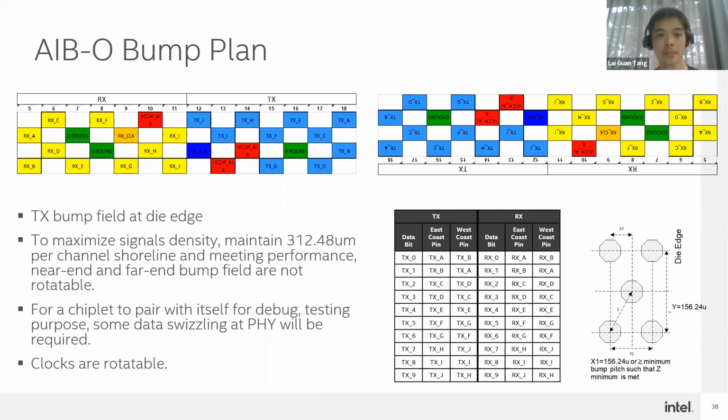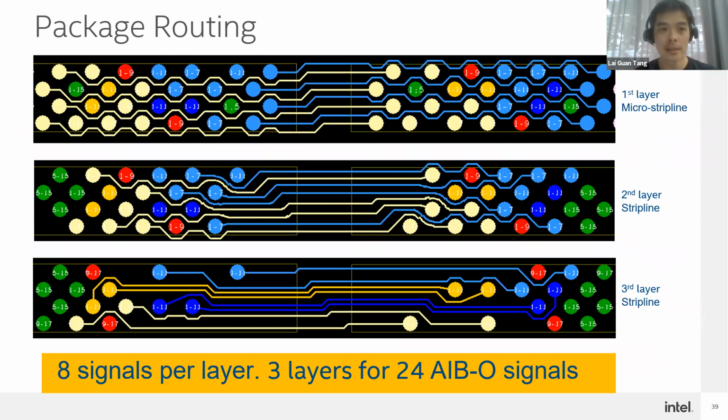Next slide, please. This slide shows the 3-layer routing that we made to achieve the 8 signals per layer type of densities, and it includes the power and ground design in between.